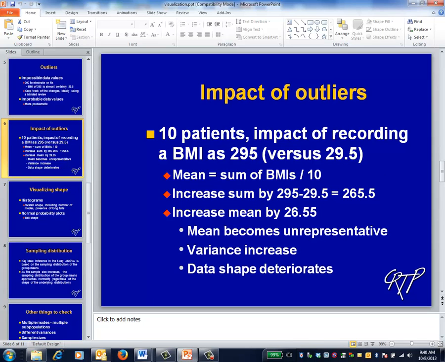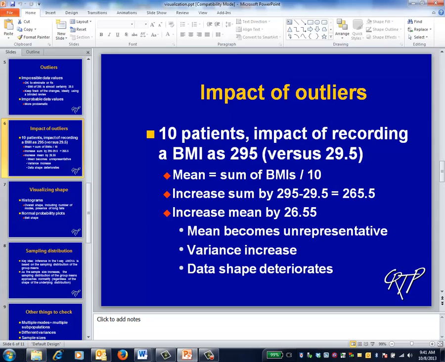After dealing with the impossible data values, your next task is to identify those outliers that are so extreme as to cause the results of the ANOVA to be unrepresentative. Typically, the main impact of these outliers is to cause one or more means in the ANOVA to be unrepresentative.